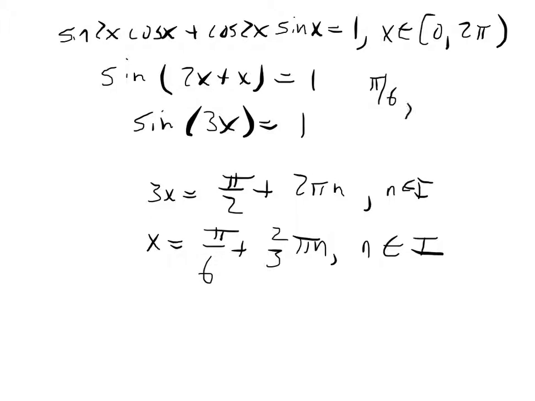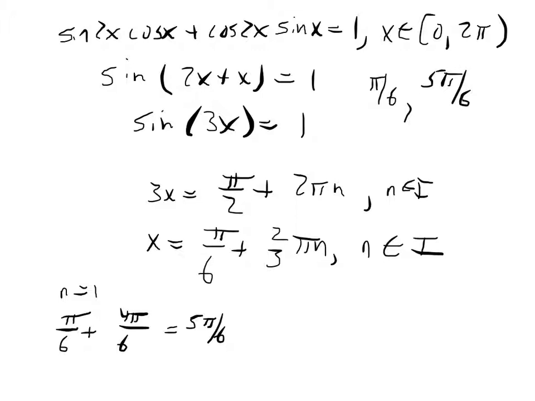I'm going to write that right there. What happens if I let n be 1? Then I get pi over 6 plus 2/3 of 1, which would be 4 pi over 6. So that's 5 pi over 6. Is 5 pi over 6 still between 0 and 2 pi? Indeed it is. So 5 pi over 6 is going to be a solution.